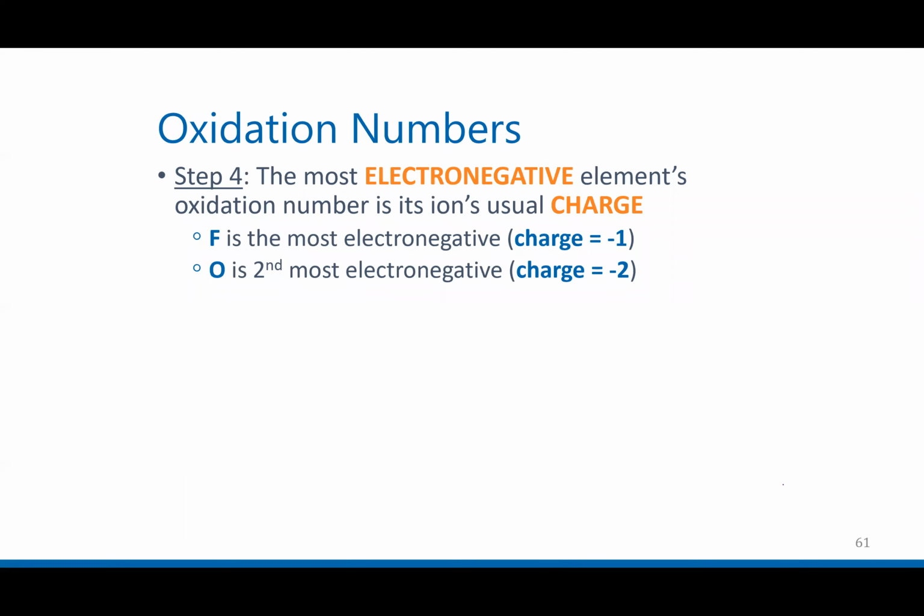Typically, in chemistry 1120 or even chemistry 1121, it's fluorine, or more specifically, oxygen. Most of these compounds we'll look at have oxygen. Oxygen is -2 and fluorine is -1. And again, remember, we have to do our rules in order. So this applies when we've made it to step 4.